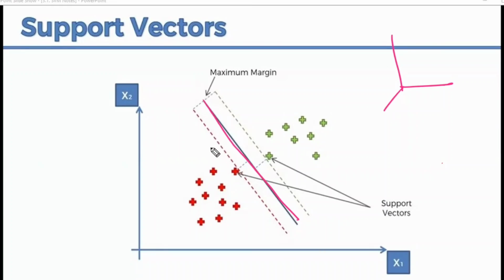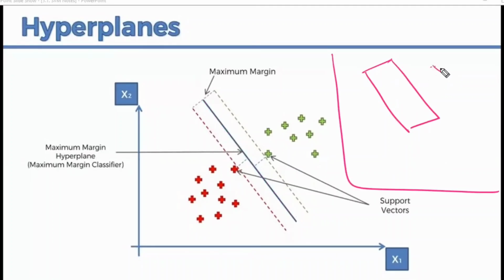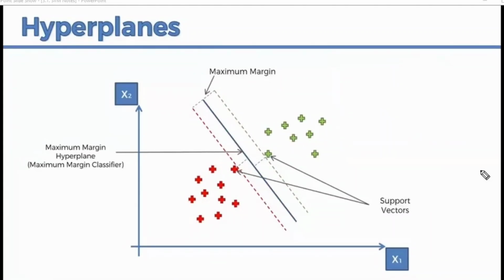Similarly, when you are working in a higher dimension, that is called a hyperplane. They are called hyperplanes. A hyperplane means not something like this; you have a line like this, beside one type of data points. When you are working in more than two dimensions, this line is called a hyperplane.